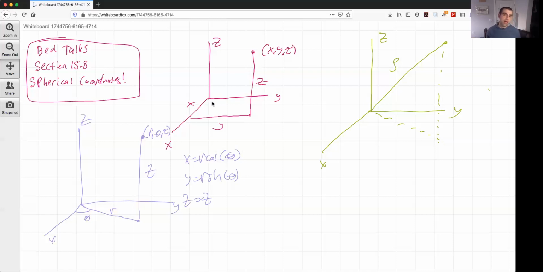So for instance, if I tell you I'm 5 away from the origin, give me all the points 5 away from the origin, you would go, oh, it's just all the points that are 5 away from the origin, which is a sphere of radius 5, centered at the origin. So this is rho. That's how far I tell you. Now, I have told you a full sphere of options. I need to be very specific now.